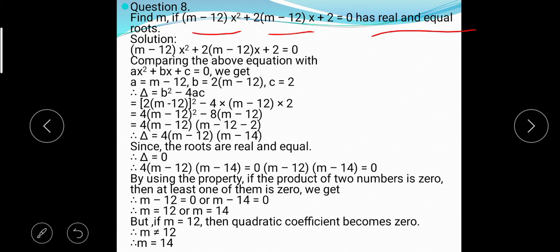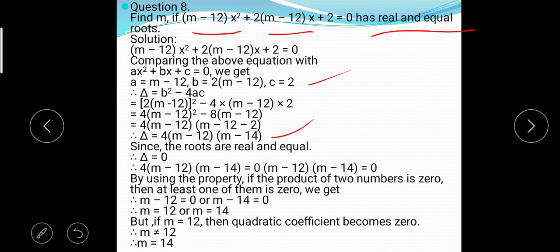Now see, after getting the values of a, b, c, use the formula b square minus 4ac. So after substituting the values in b square minus 4ac, you will get delta, the discriminant, is equal to 4 in bracket m minus 12 and m minus 14. Now what is given?